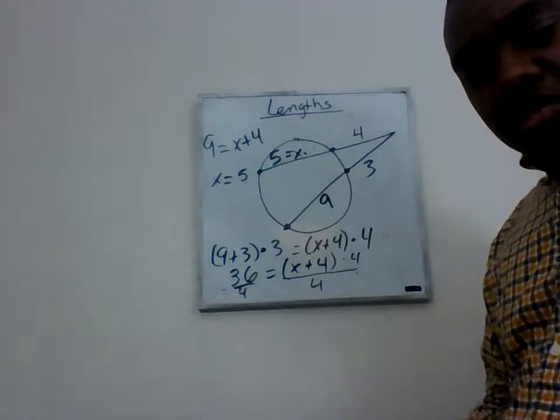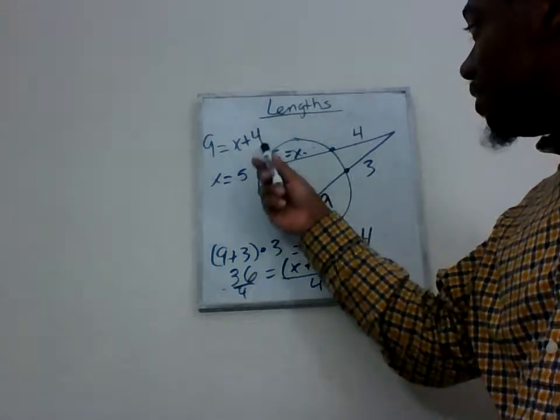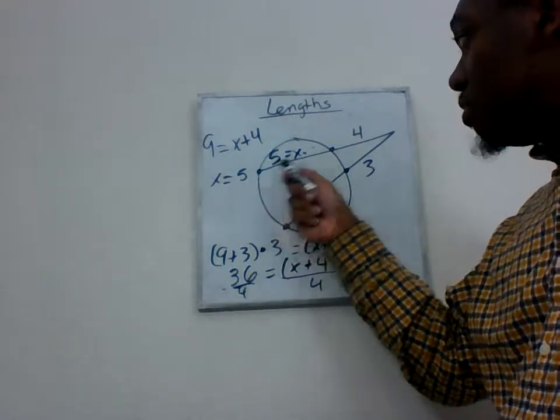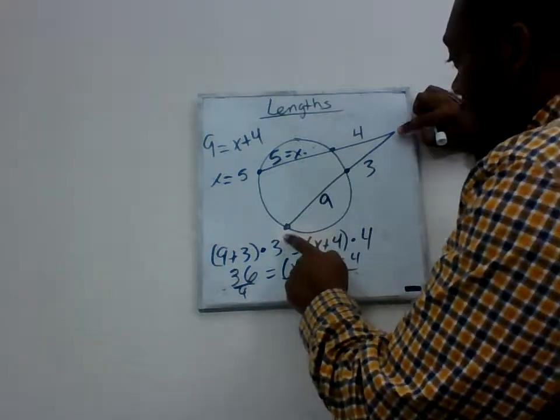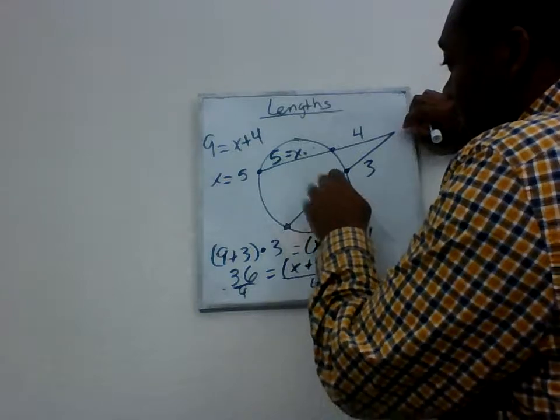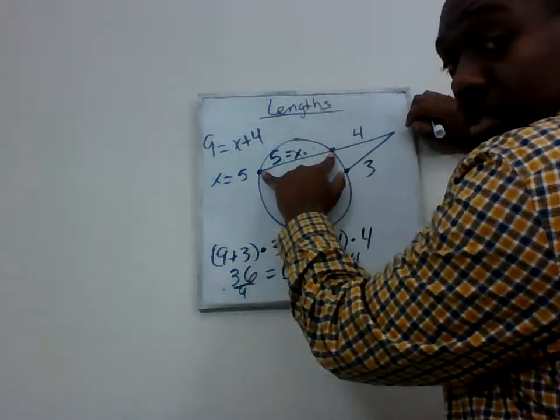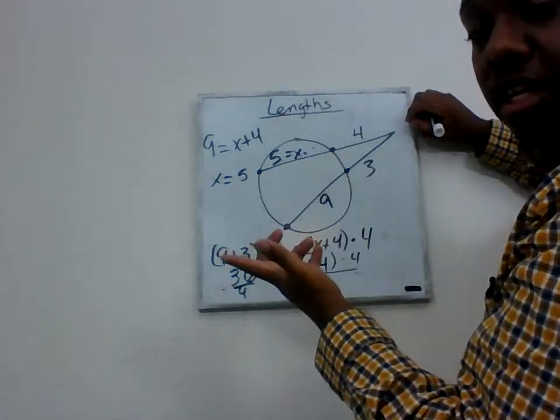So how could this actually be used? Let's say you have to drill holes on the circle in this area, and you know the length out here, but you don't know what the length of this line is. You want to make sure it's a certain length.